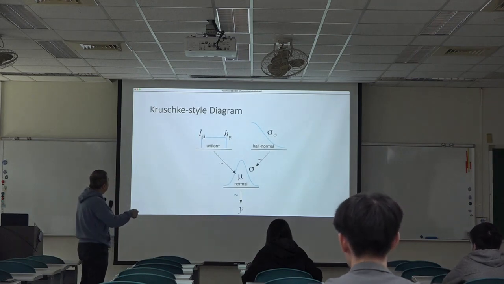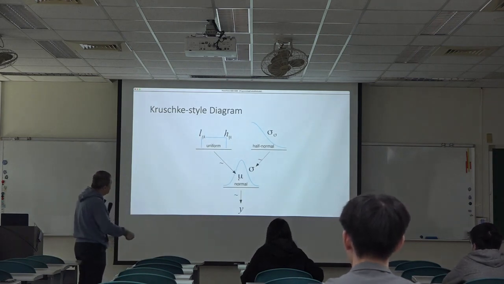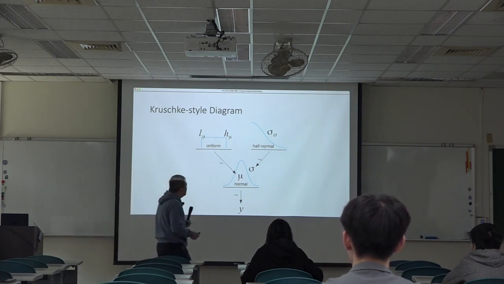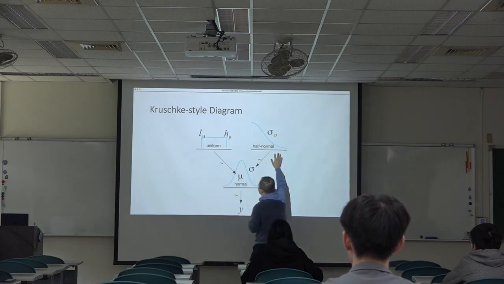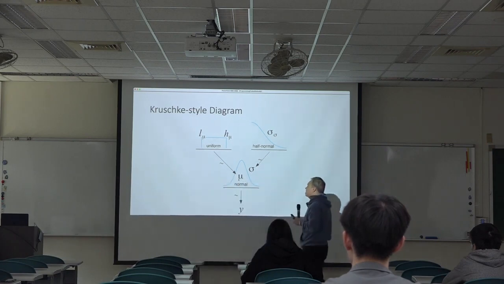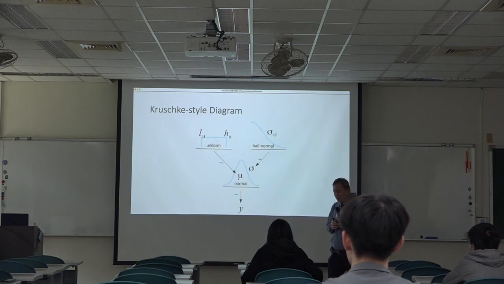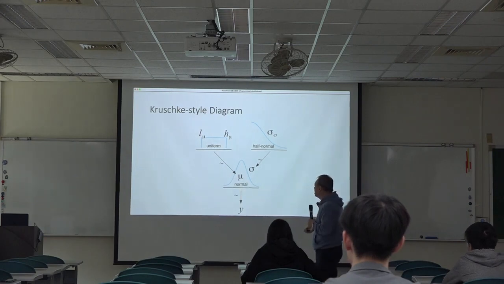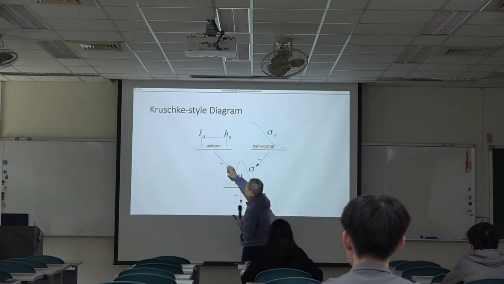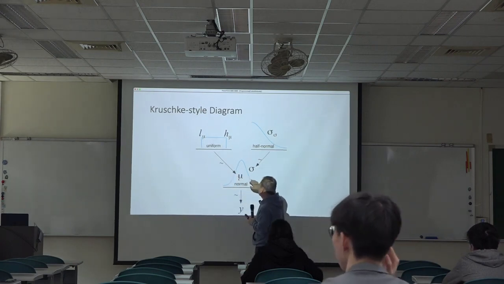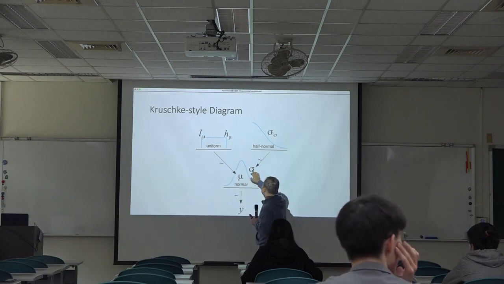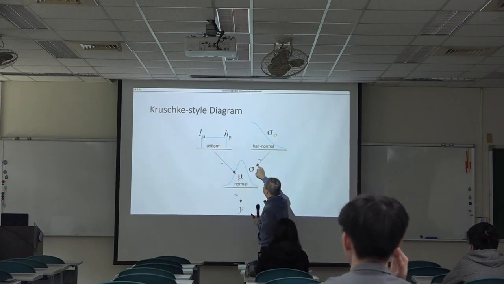In the Kruschke-style diagram, it looks like this. This is called a half normal. So we get the mu from this uniform distribution, and we get the sigma from this half normal.